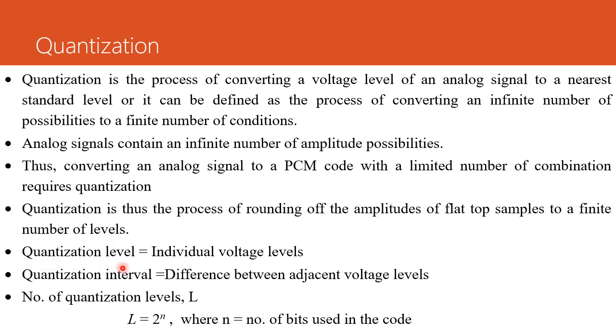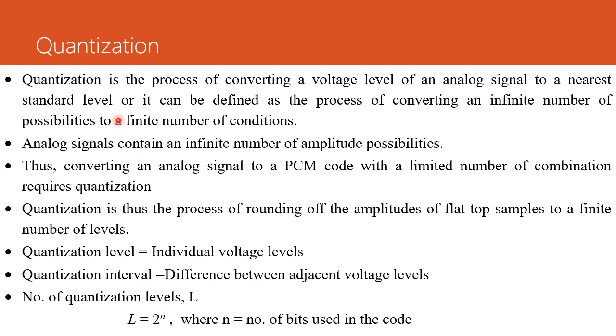The quantization level is equal to the individual voltage levels. The quantization interval is equal to the difference between adjacent voltage levels. The number of quantization levels can be defined as L, which is equal to 2 raised to n, where n is the number of bits used in that PCM code.